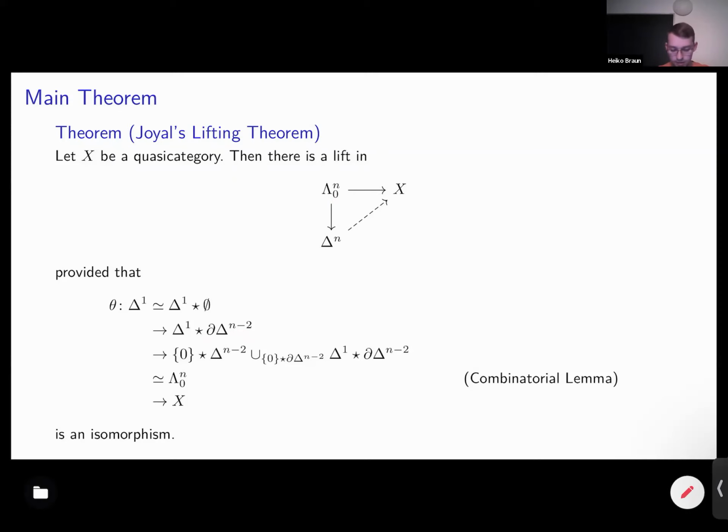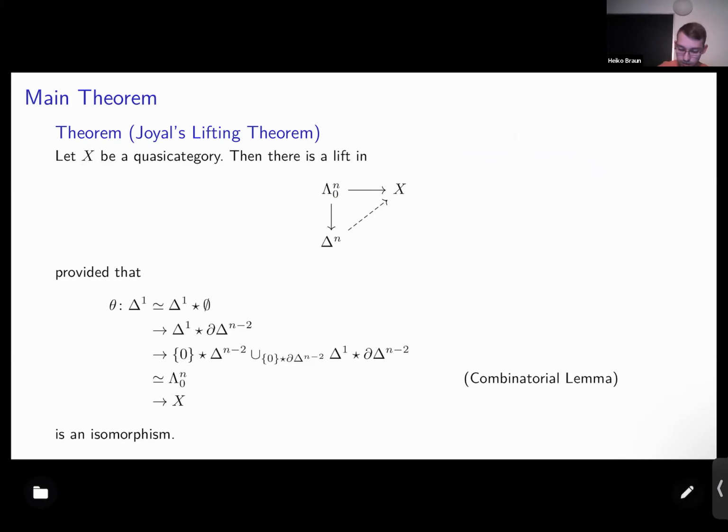And if that is the case, then it is actually possible to lift this, even though we only have a category. And if we want to lift the nth horn, then this is also okay. We can just go to the opposite category, and then the opposite of n0 will actually be nn.